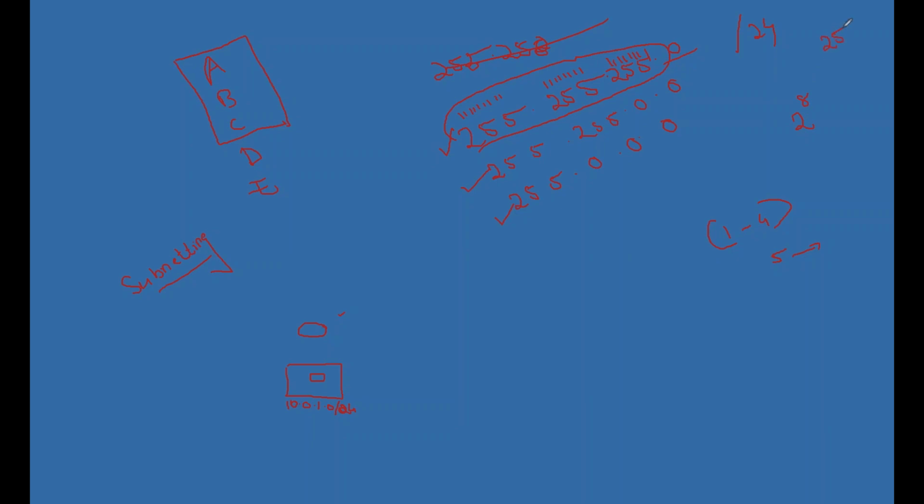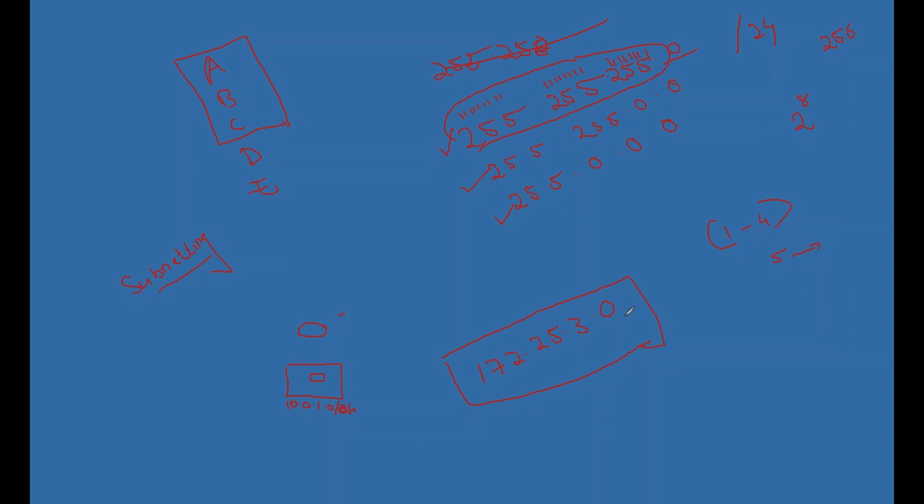When you have 256, I told you, can you have an IP address like 172.25.3.0? Is there any IP address like this? Can you give an IP address like this to a computer? No. You cannot give a 0.